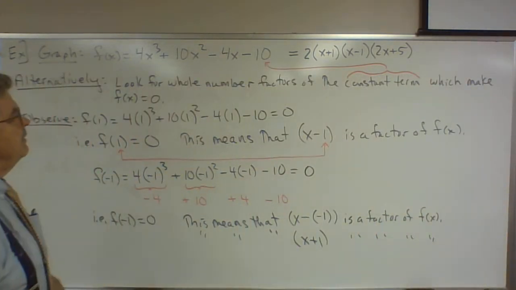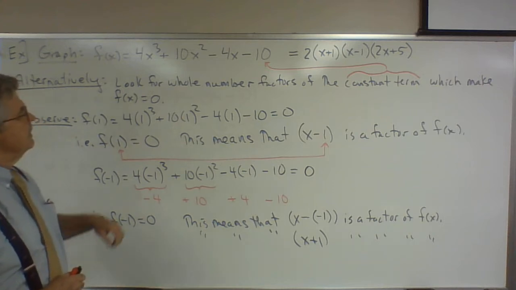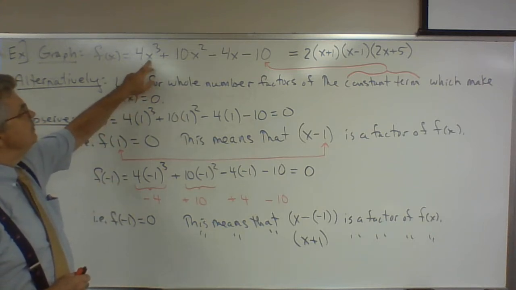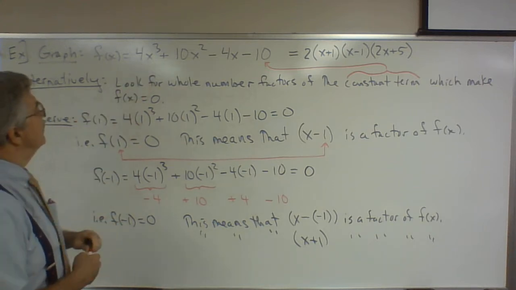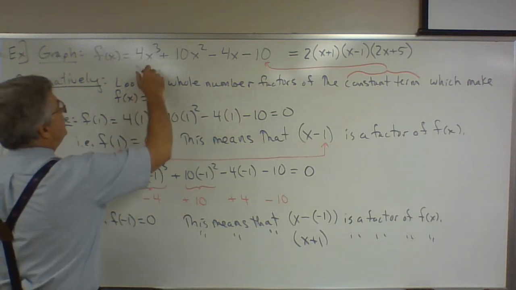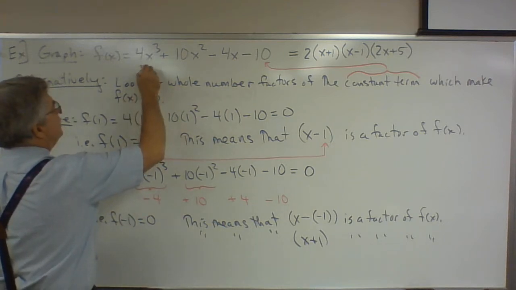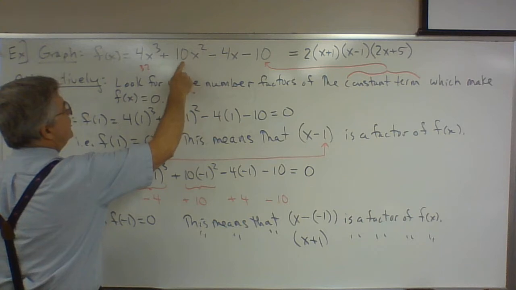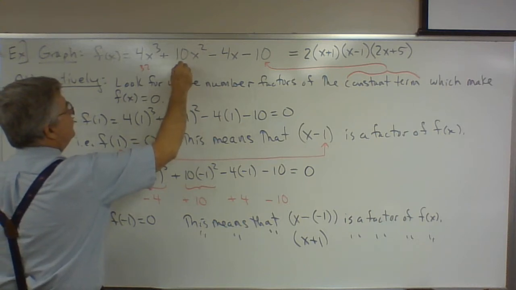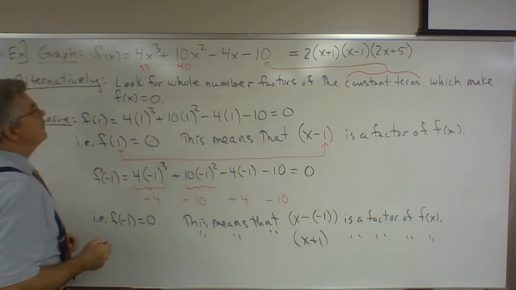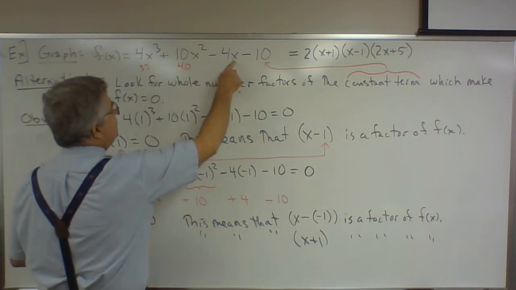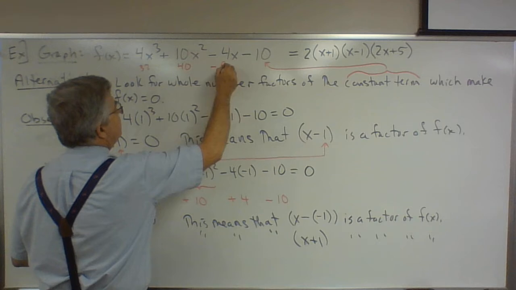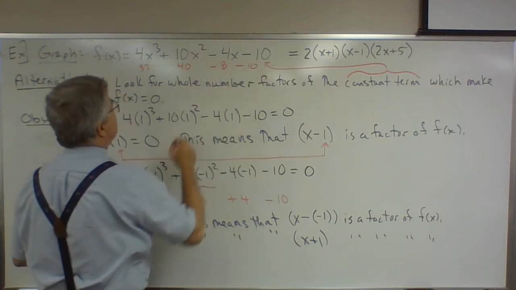Let's just try the other factors of 10. If we plug in 2, we're going to get 2 cubed is 8 times 4 is 32. 2 squared is 4 times 10 is 40. 4 times 2 is negative 8 minus 10.